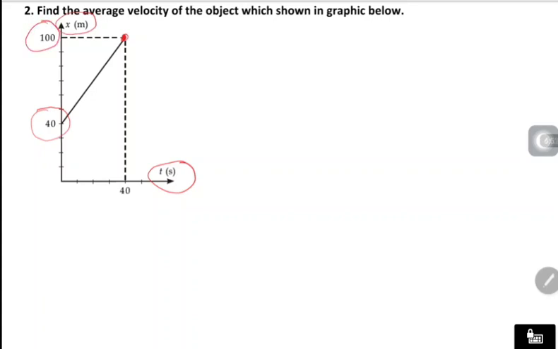Okay, the average velocity can be found by calculating the displacement divided by time, so that we can calculate the distance, the final point minus initial point.